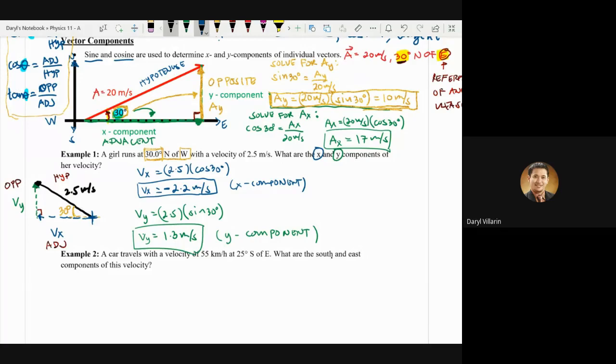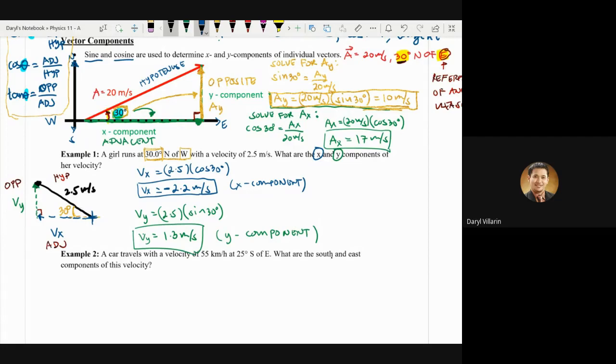Later on it will be shown that this particular vector of 2.5 meters per second north of west can be represented by 2.2 meters per second west plus 1.3 meters per second north. So the sum of Vx and Vy is equivalent to this 2.5 meters per second here. Remember that these are vectors.